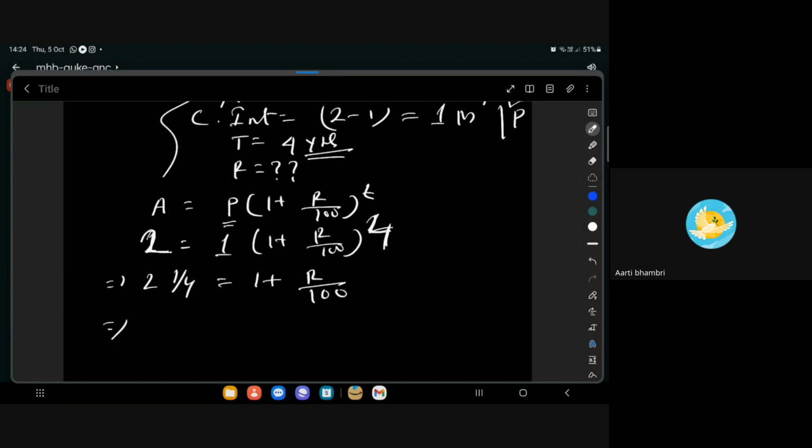Yes, 2 to the power 1 by 4, how much will it give you?